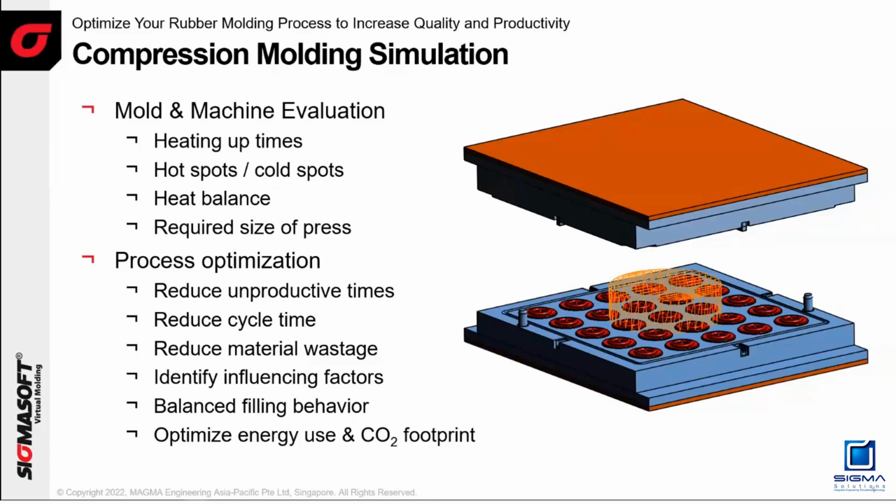From the mold and machine point of view, we can understand the heating up times, how long we need to heat up, where the hot spots and cold spots are, what the heat balance is, what energy is required to heat up the mold, what the machine size is, and what the mold capability is. All of this can be understood from the simulation. From the process point of view, we can optimize to reduce the unproductive times, like reducing the cycle time and the material wastage, and we can find out which significant factors influence the process and understand the filling behavior.